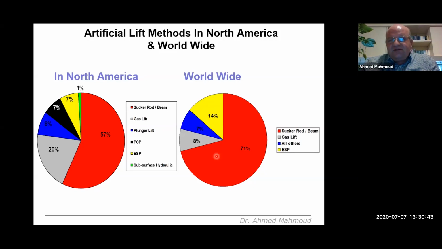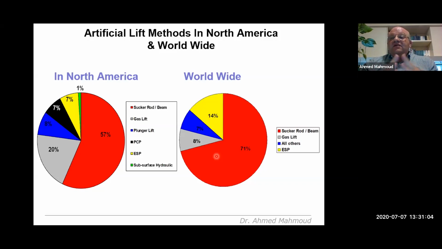Everybody loves Sucker Rod. It's very cheap, very economical, very easy to maintain, very durable, lives for a very long time, and it works in most locations and with a very wide range of wells in terms of reservoir pressure and in terms of production.